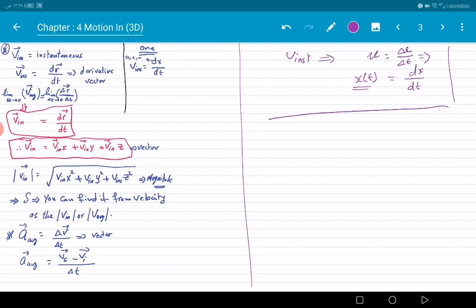The same thing I can do here, but in 3 dimensions, so replace the x with r as a position vector. So v inst as a vector in space is equal to delta r vector over delta t, as a function r of t, so it's equal to dr divided by dt.